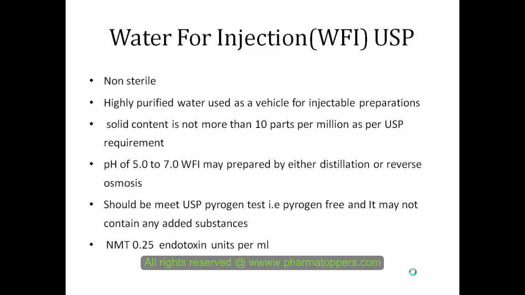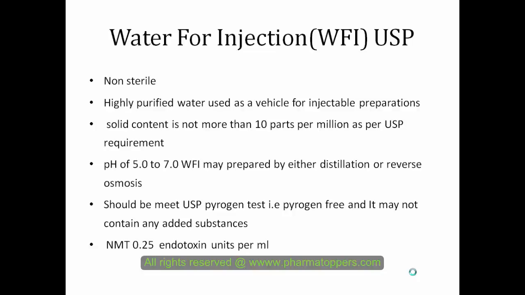In the coming slide, first of all, water for injection. Water for injection is non-sterile, and the solid content is less than 10 parts per million. It can be prepared by 2 methods, that is distillation and reverse osmosis.